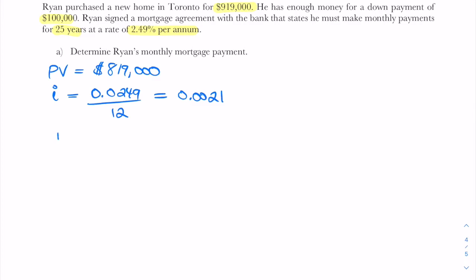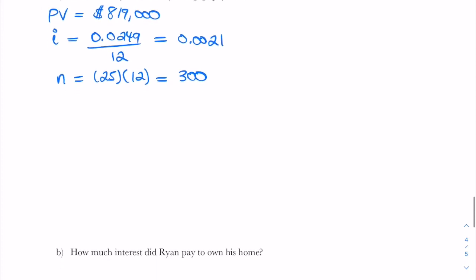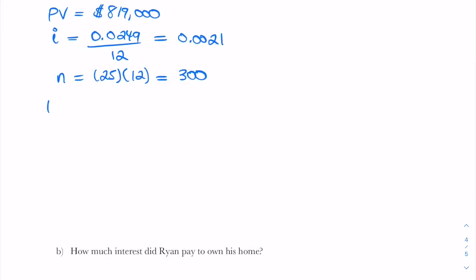As for the number of compounding periods, it's a 25-year mortgage and we're making monthly payments, so 25 times 12 is equivalent to 300 compounding periods. Because we need the money today, it's a present value annuity problem. So let's write out our present value annuity formula.